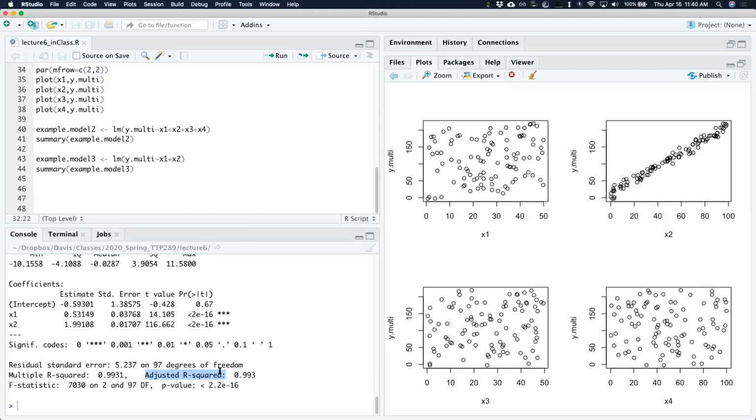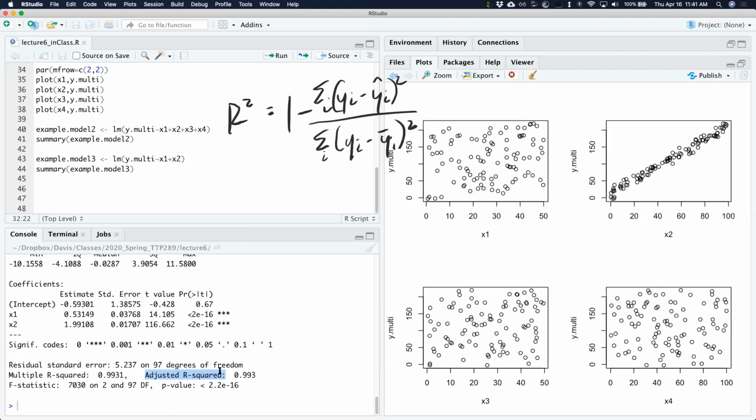So let's see. R squared is equal to 1 minus the sum over i of (yi minus yi hat) squared, divided by the sum over i of (yi minus yi mean) squared.